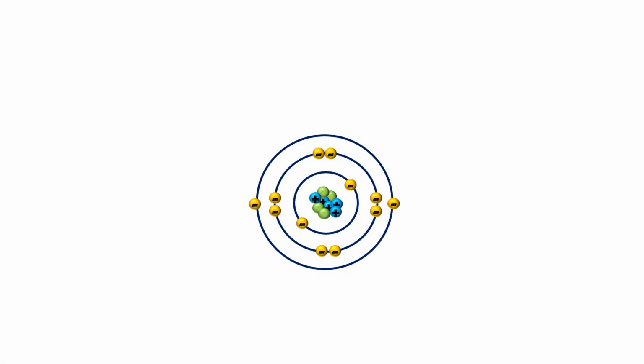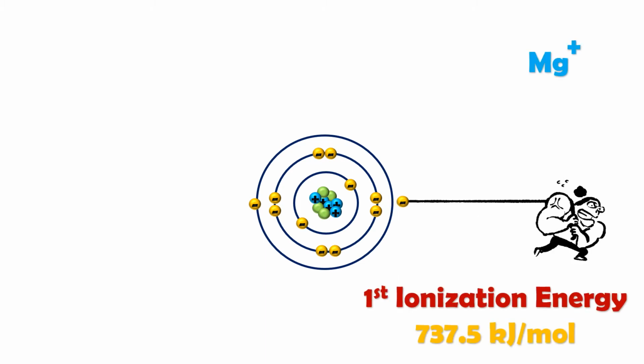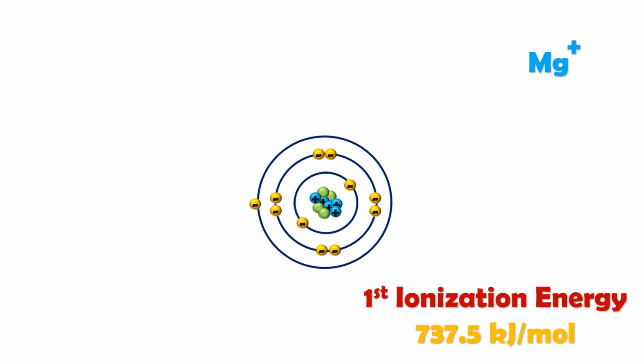For example, when we look at the ionization energy of magnesium, magnesium has 12 electrons and 2 electrons are present in its valence shell. It also has 12 protons in its nucleus. First ionization energy of magnesium is 737 kJ per mole.